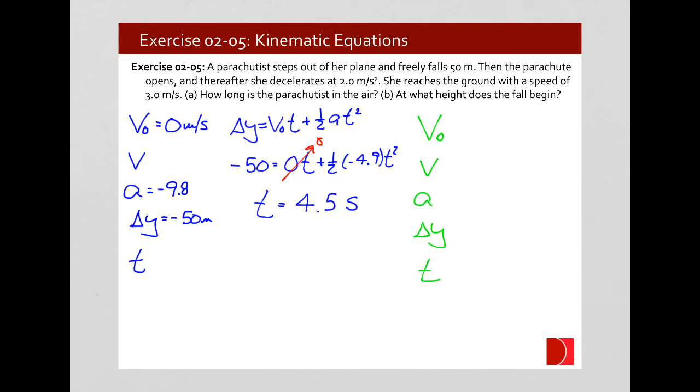We're told that she decelerates, so that means she's slowing down, but she's going downward. And so if her speed is getting less as she goes downward, the sign of the acceleration has to be positive 2 meters per second squared, which makes her velocity less.